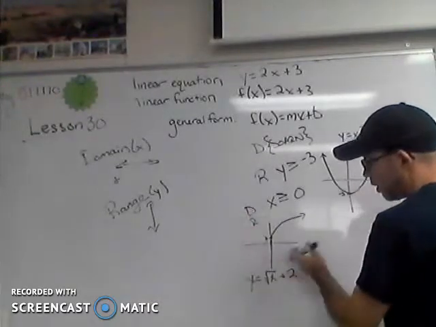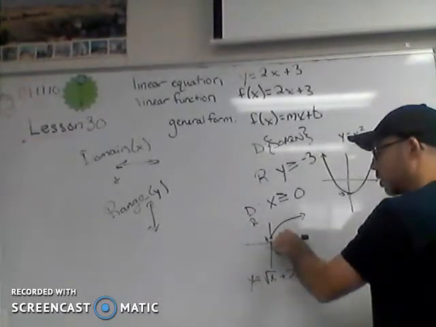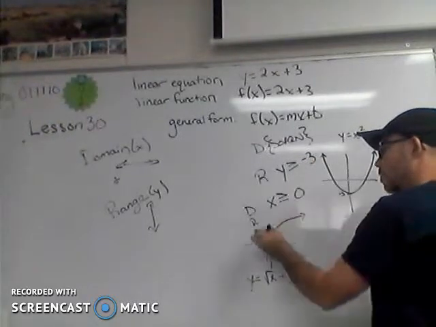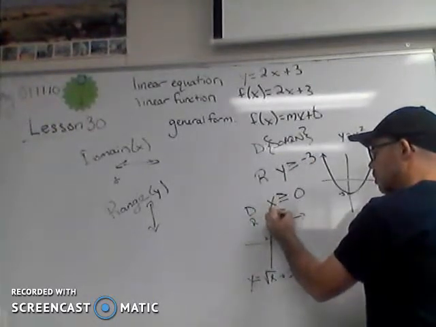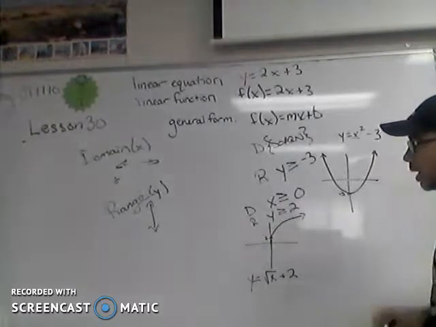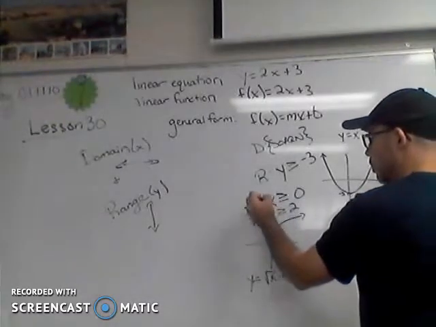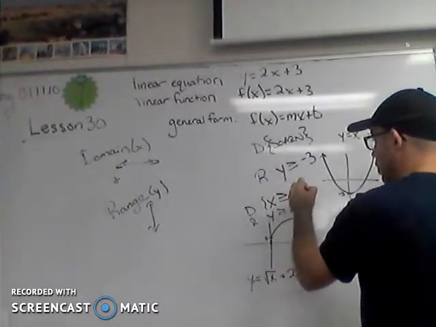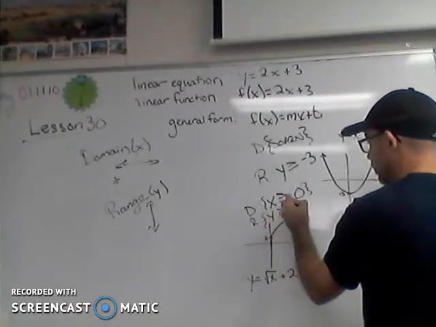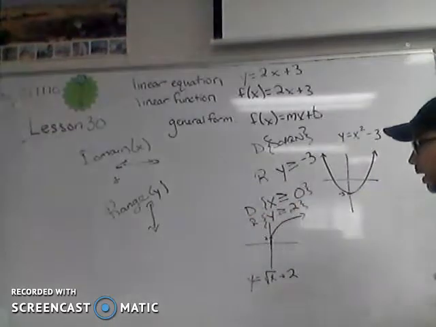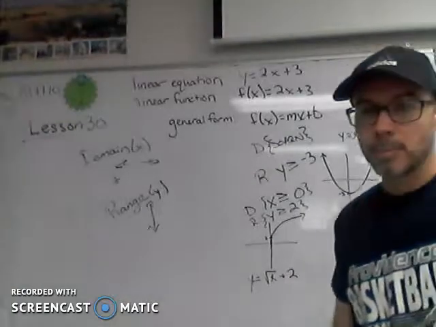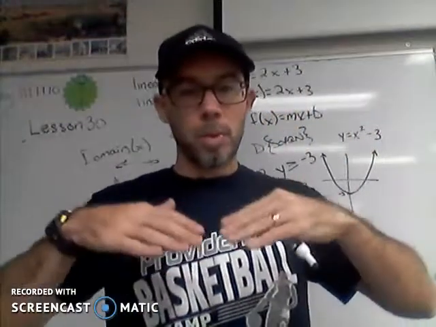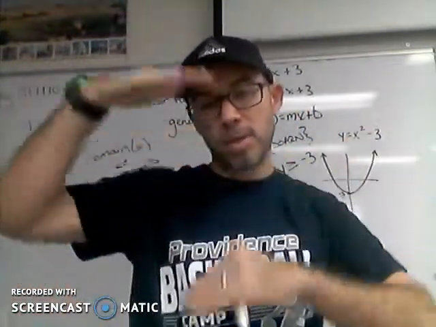Range, we look at it up and down. We see that it doesn't go below 2. It goes above 2, though. You write it like that, and you can do it with a colon and put some braces around it. Typically, you're going to write it like this in set notation. That gives you an idea of where it goes this way and where it goes that way.